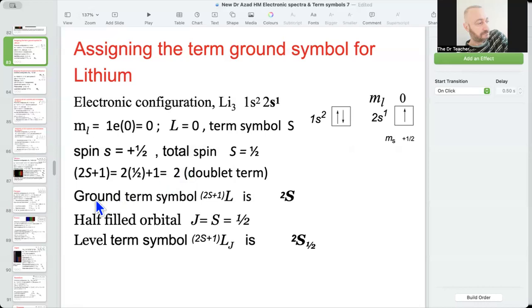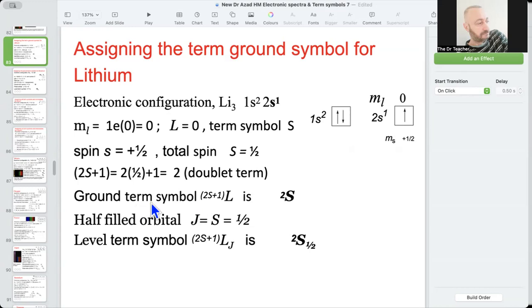We assign the term symbol as L with superscript 2S plus 1 in brackets or parentheses, and then this will be S2. So you must make a big S as a term symbol. You have to put the superscript on the upper left side, which will assign the value of 2S plus 1.